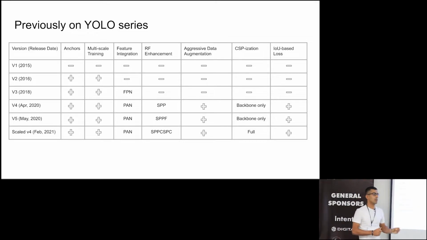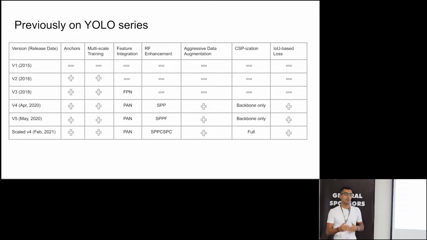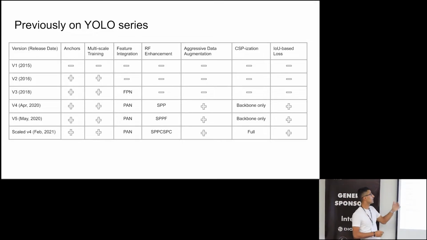Let's say some of the methods initially didn't have anchors. For example, the first version was anchor-free, but later they started adding them. They didn't train the methods by feeding the model images of different sizes during the first version, but then they started doing that. It helps the model to learn more fine-grained features from different scales.